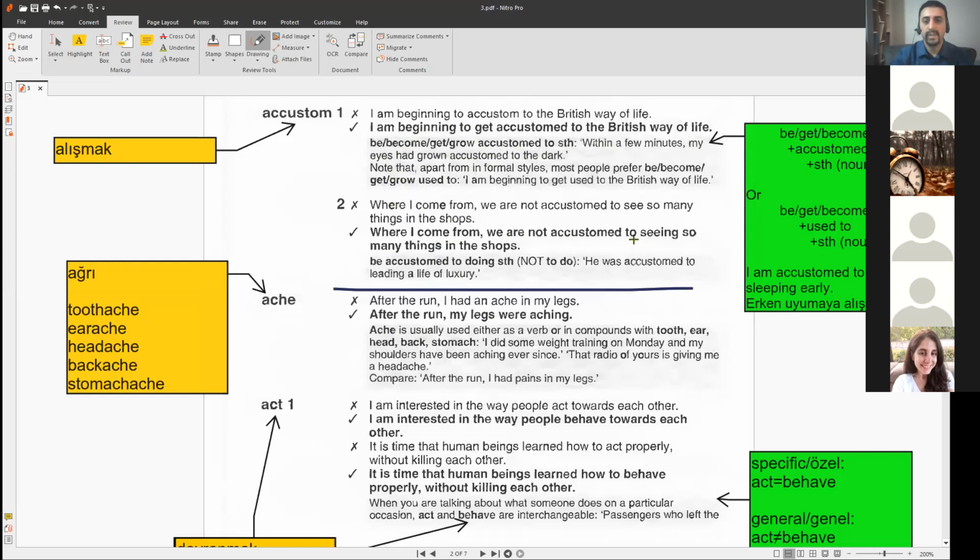We're not accustomed to see is wrong. Yes, because after to, we have to write a noun. Okay, to seeing. Okay. Infinitive or not? To see is infinitive. So here is wrong. We don't need to write it.